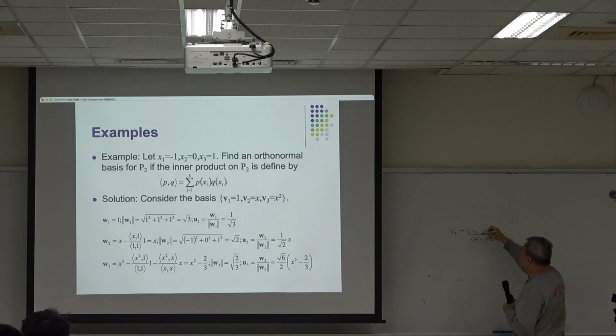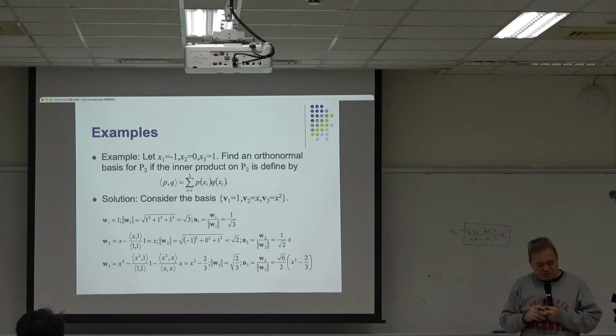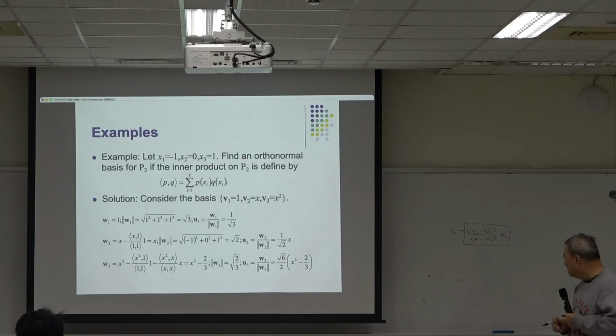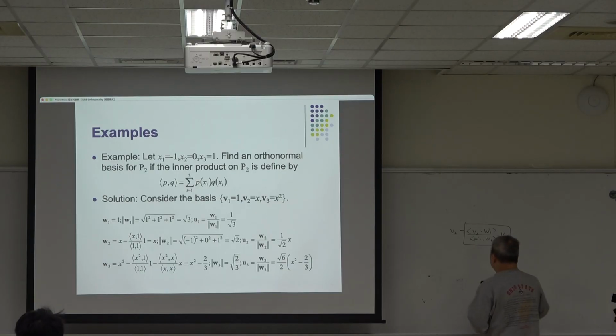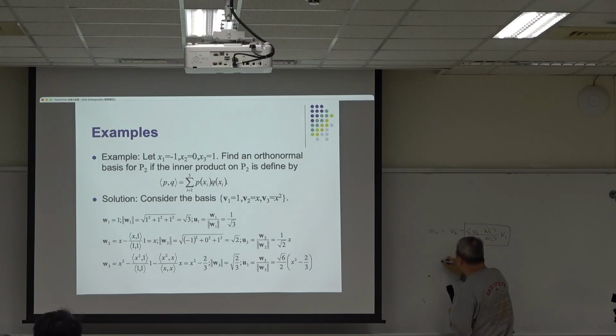This is the projection of v2 on the space that is spanned by w1, right? So then this is w2.